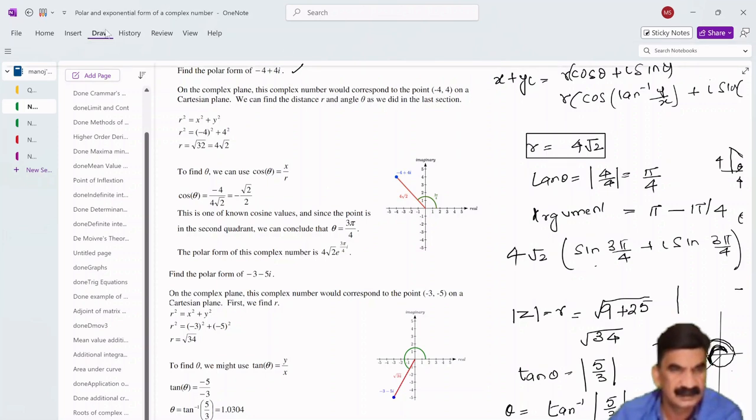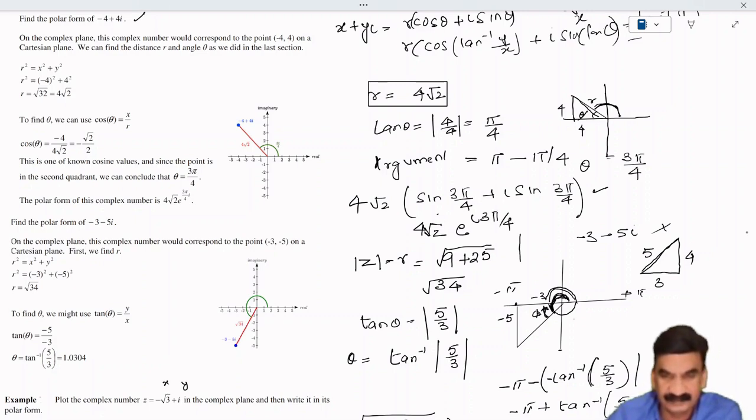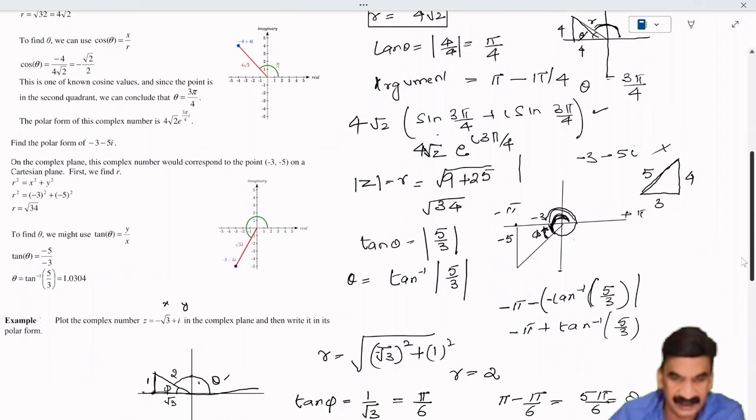Let me just. Okay. Because the line gets straighter, it makes it hard. That's silly. Okay. Now this is 4 root 2 e to the i 3 pi by 4. Remember e to the i theta? Let's go to some other thing that we did.